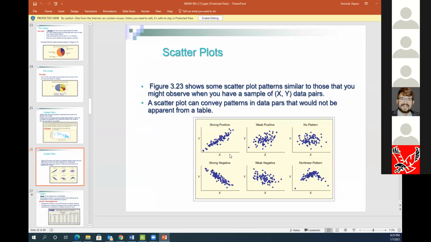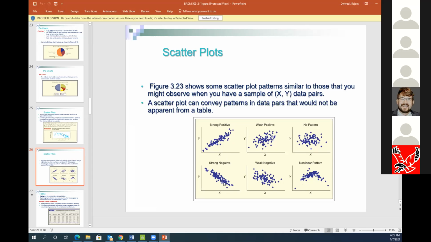If X is increasing, Y is increasing, and it is coming close to a straight line, it is a strong positive relationship. It is close to 1. Similarly, if X is increasing, Y is decreasing, that is called a strong negative. If you see no pattern, or if you see a different kind of parabola, curve, hyperbola, curvilinear or different type of shape, that is a non-linear pattern.